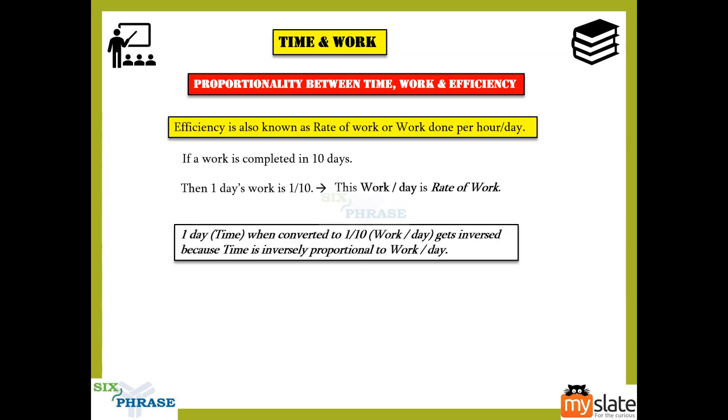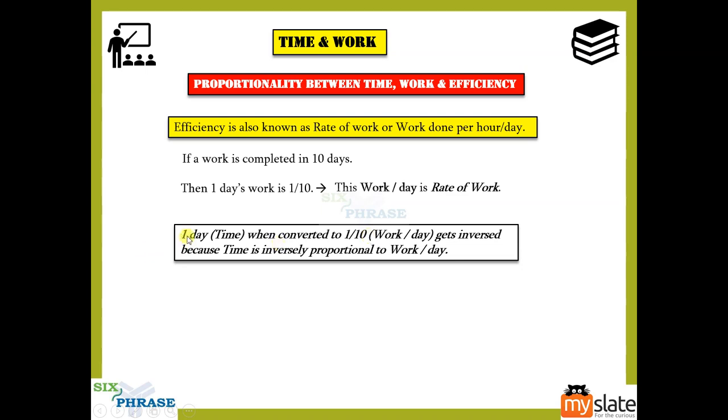Now, in general, if one day is converted to 1 by 10, this one day is time, right? When converted to 1 by 10, which is work per day, the efficiency, rate of work, whatever you want to call it, it gets inversed. How did 1 become 1 by 10? Again there is a mistake here.